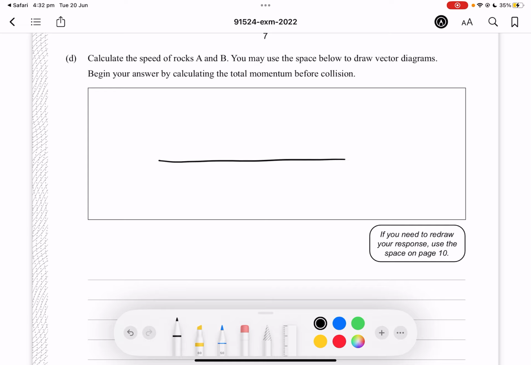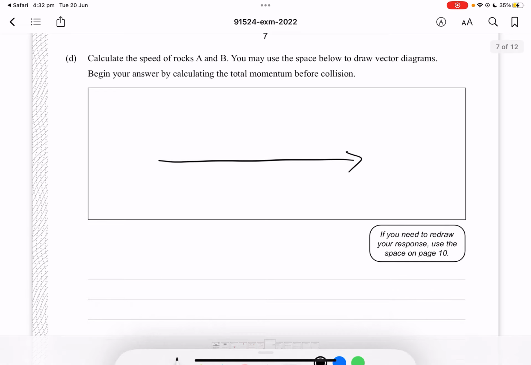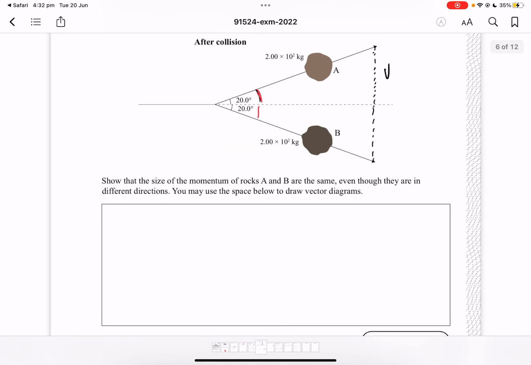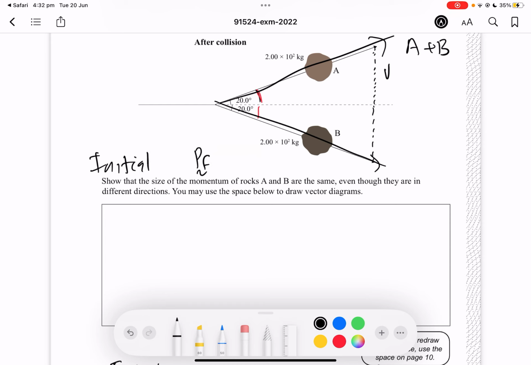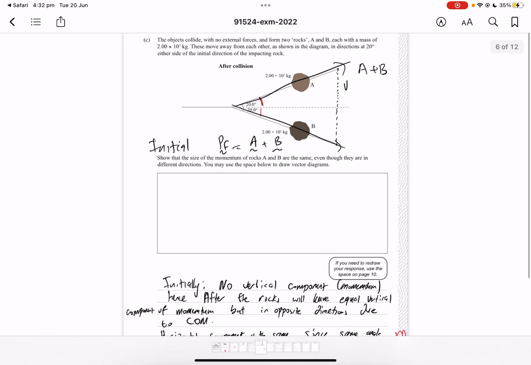The initial momentum was some horizontal component, and afterwards PF will be the sum of A and B, so some vector PF is equal to some vector of A plus some vector of B. In this case, we're assuming conservation of momentum, so the vector addition of A and B should be equal to the original momentum.